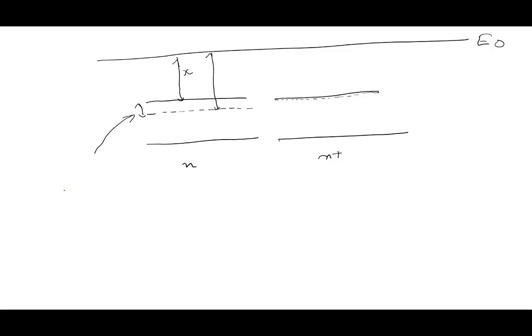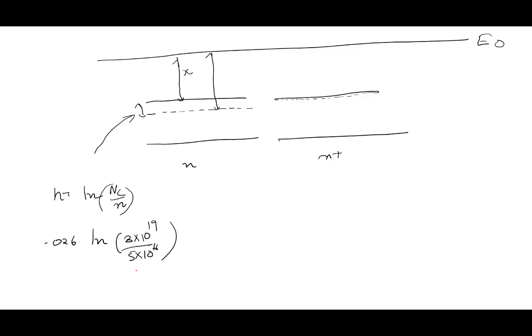This is likely to be kT ln of NC by N, the carrier density. So kT is 0.026 ln of NC, which is about 3 times 10 to the power 19, divided by 5 times 10 power 16.